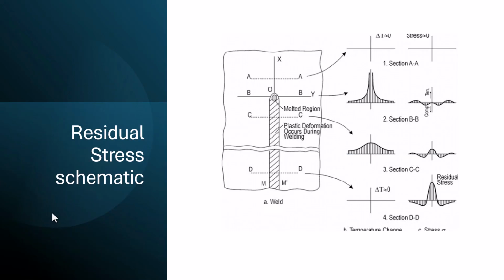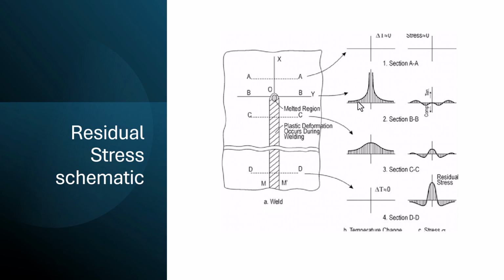Okay, the schematic of the residual stress is like this. It shows the figures of delta T and the stress. So imagine we are here in line A, which is the base metal. As you see here, delta T is 0, so it means it is not affected by the weld, and we have no residual stresses.